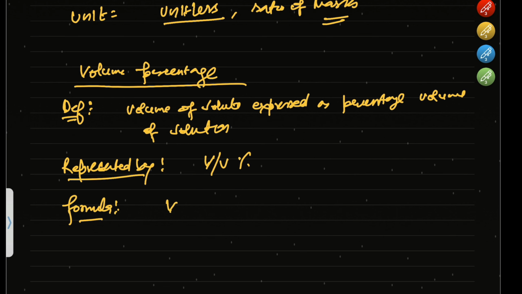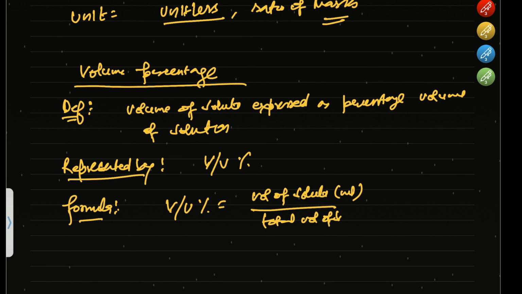Formula: V by V percent is volume of solute in ml, upon total volume of solution in ml, into 100.